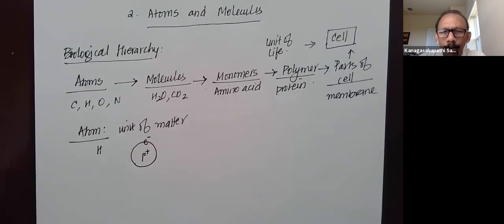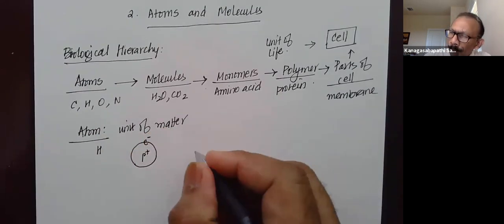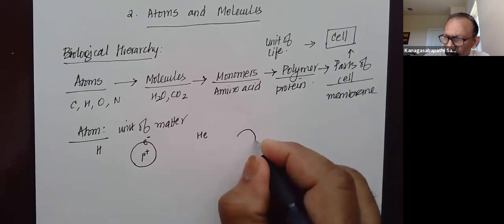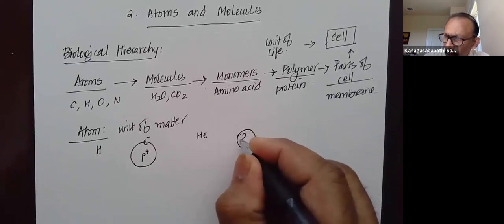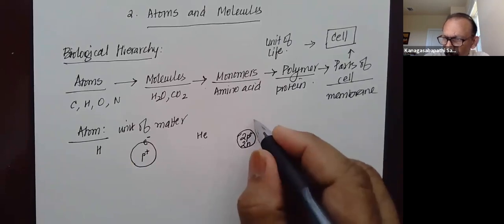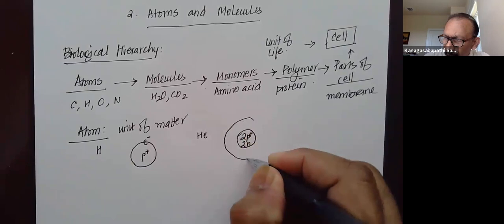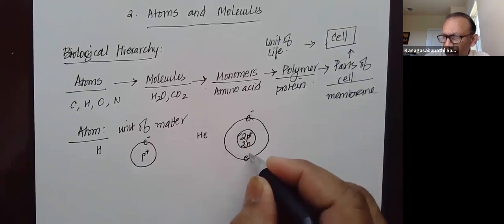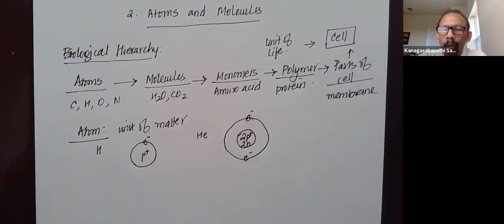That's your hydrogen. Simple. And go to helium. It has in the nucleus two protons, two neutrons, and two electrons. Okay, so I'm just refreshing chemistry. There's nothing complex here. Okay, very basic stuff you're starting with.